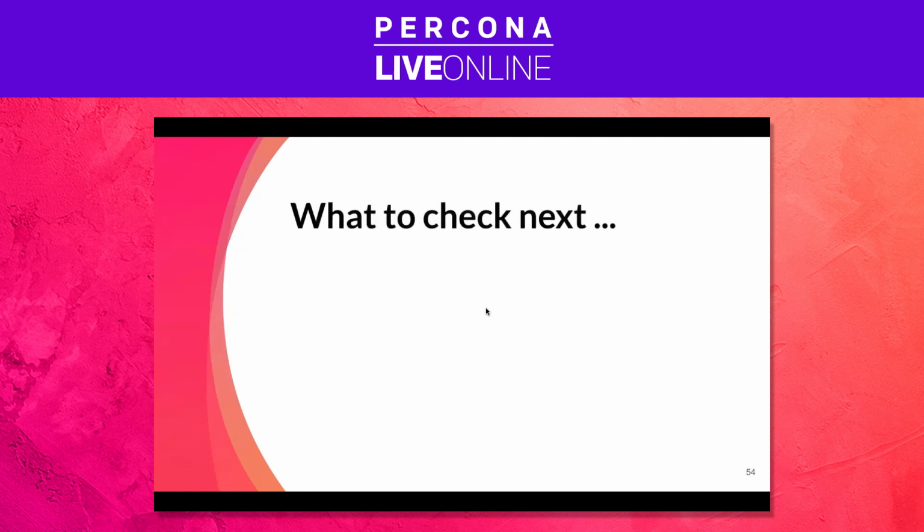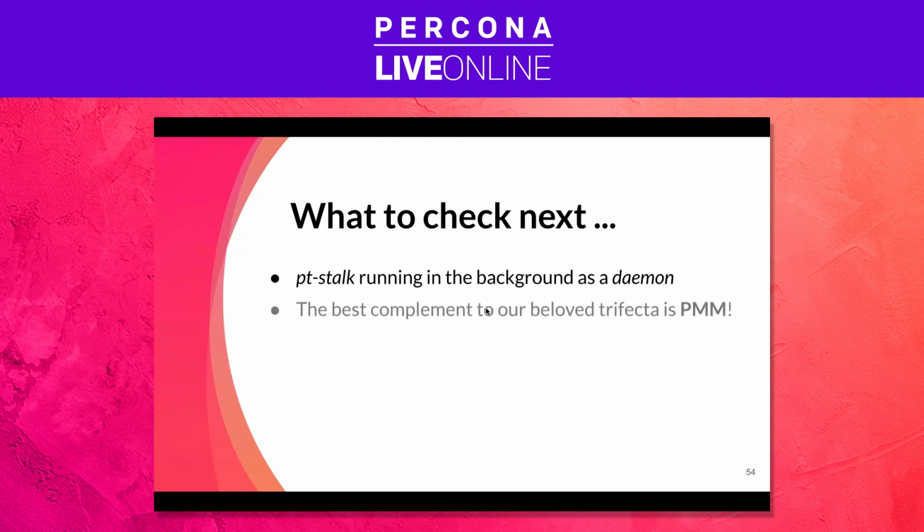Where we go from here: just know it is possible to have pt-stalk running in the background as a daemon, ready to trigger when a certain condition is met. So you can use this when you are looking for a specific problem, for it to trigger at a specific moment. And the best complement to our beloved trifecta is PMM.